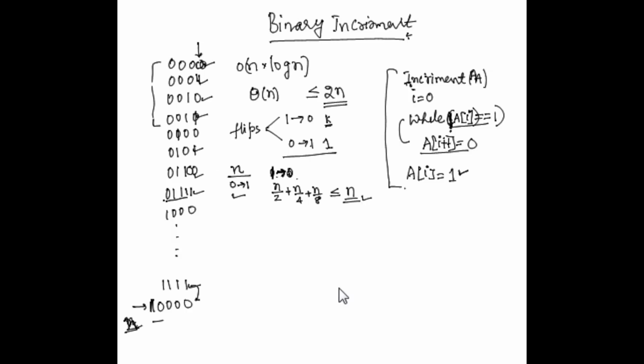So the total number of flips of the type 0 to 1 is exactly n, and the number of flips of the type 1 to 0 can be at most n. So the total complexity of this algorithm is smaller than or equal to 2n. Let's analyze this using the potential function and the amortized cost that we defined.